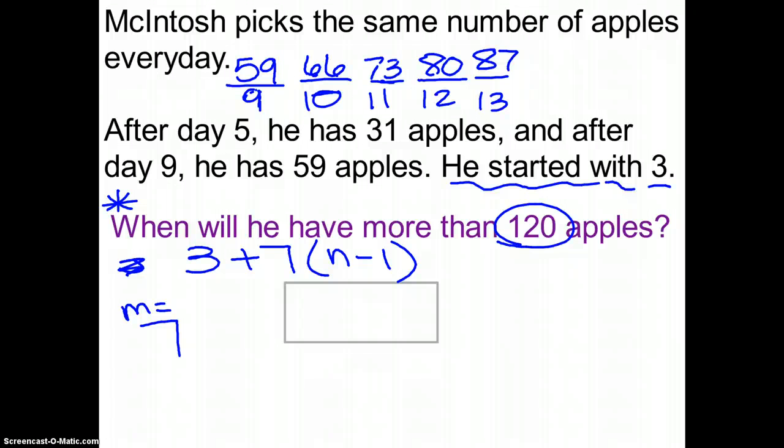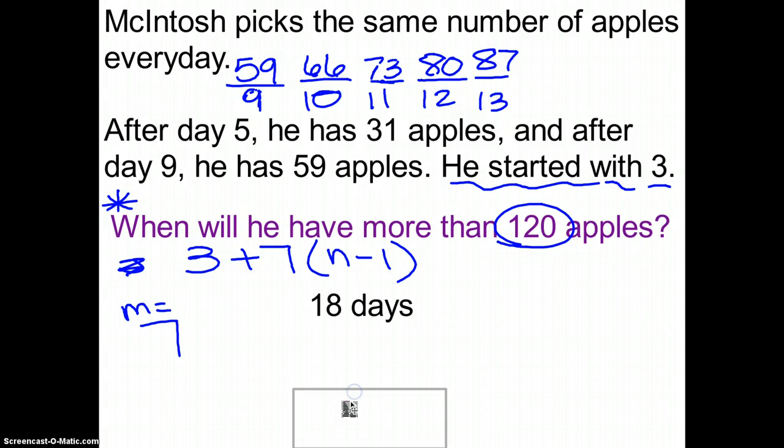If you do that, you are going to end up with 18 days. So I didn't have much further to go. But with this 18, if you were to plug in 18 in there, that's going to be 120-something apples.